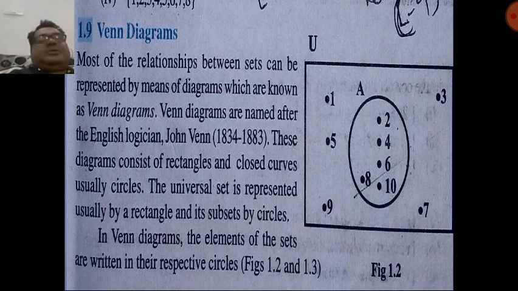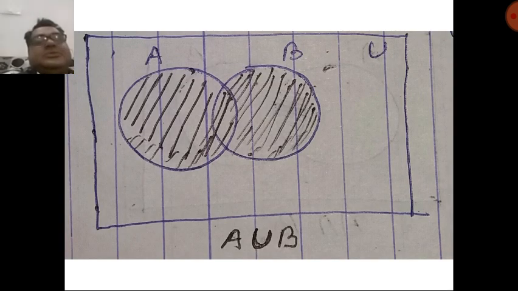Now we are coming to the next, A union B. As I told, A union B is nothing but the set of the elements of A as well as of B, as well as the elements which are common in both.